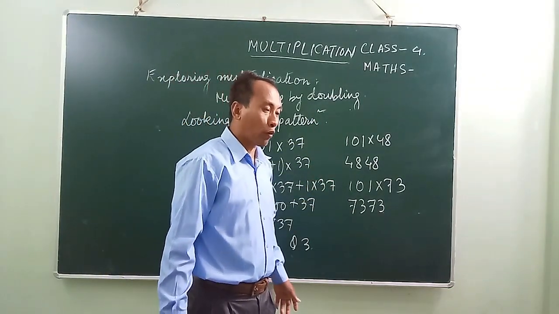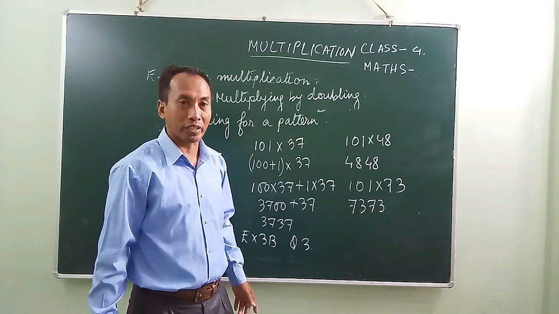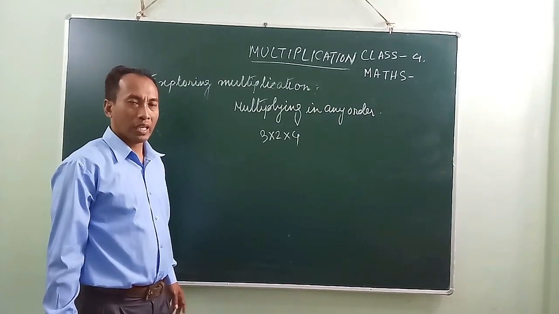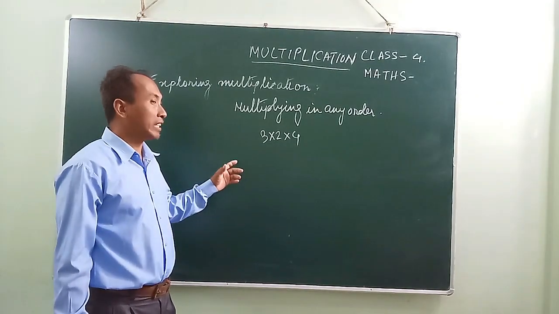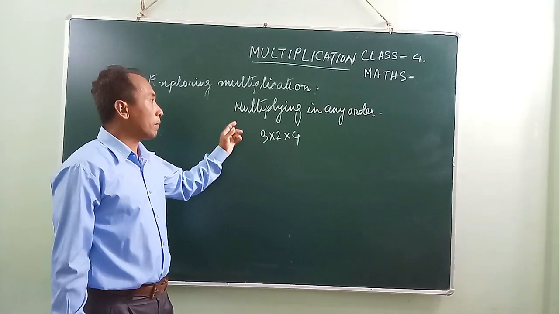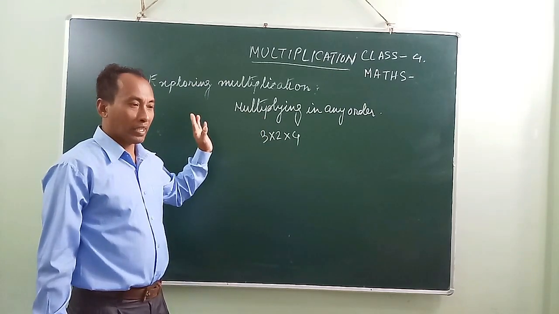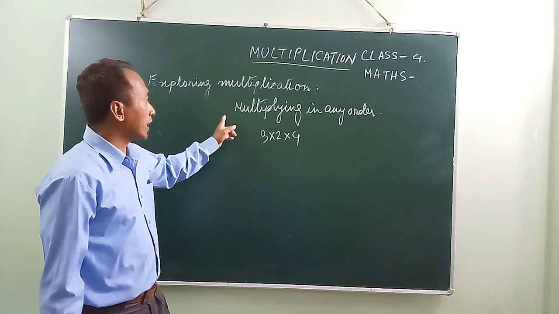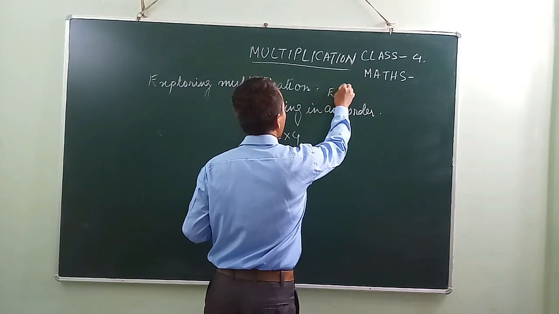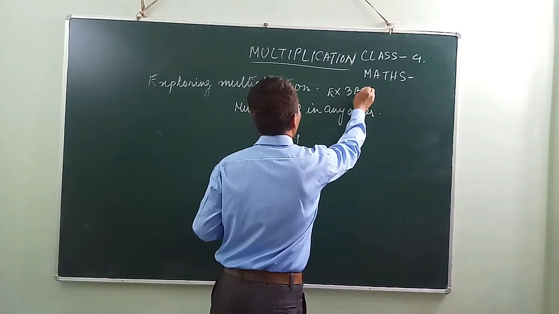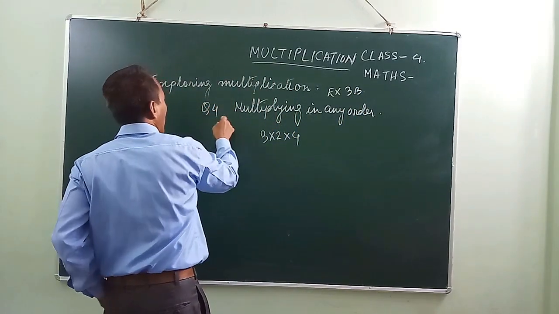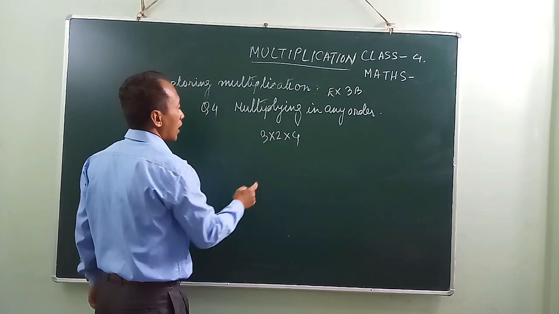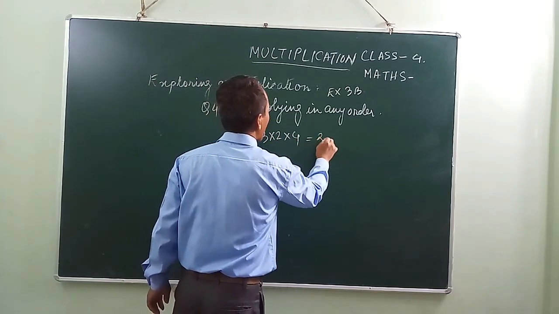Now question number 4, let us come to multiplying in any order. In my previous video, I have already given you the example of multiplying in any order. Exercise 3B, question number 4, multiplying in any order. So 3 into 2 into 4, we know that it is 24.